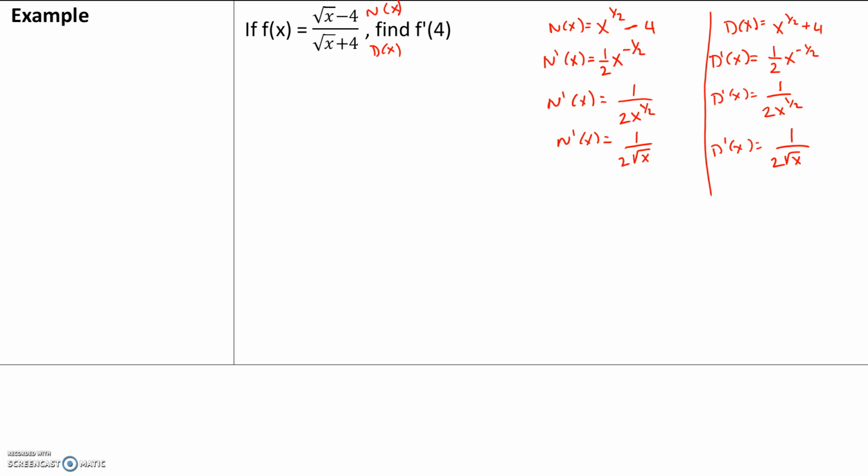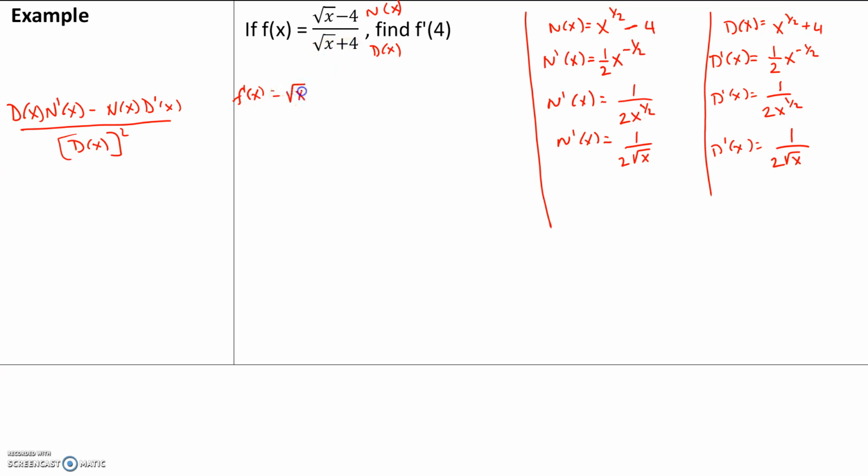Let's now plug this into the formula. The formula is once again d of x times n prime of x minus n of x times d prime of x, all of that divided by d of x to the second power. Okay, so let's start with the denominator. To get f prime of x, our denominator, d of x, is radical x plus 4.